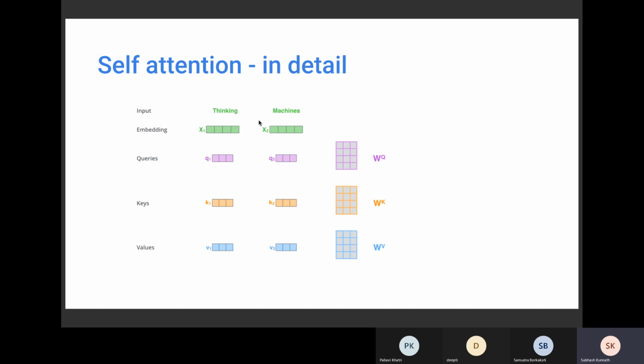Take a sentence with two words, thinking machines, and you have the vector representations of thinking and machines, x1 and x2. There are three types of vectors required for implementing this self-attention mechanism, called queries, keys, and values. The terminology comes from usual information retrieval tasks like search engines.